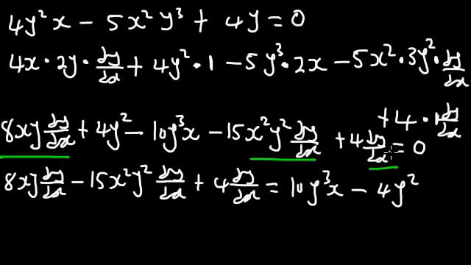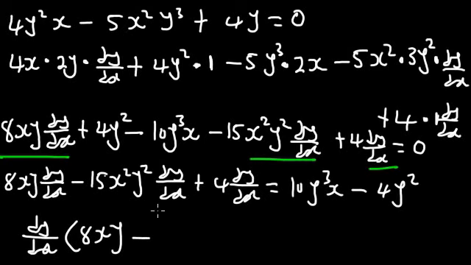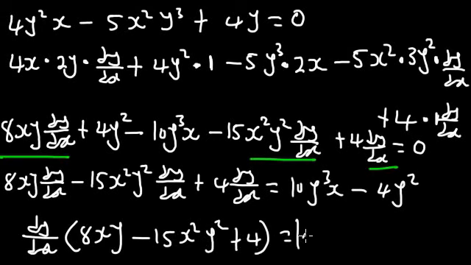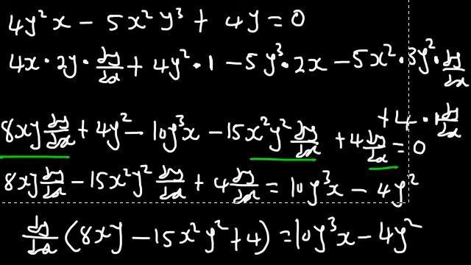Now let's factor out dy/dx. So we have dy/dx in the bracket of 8xy minus 15x squared y squared plus 4 equals 10y cubed x minus 4y squared. Perfect. Now let's move on.